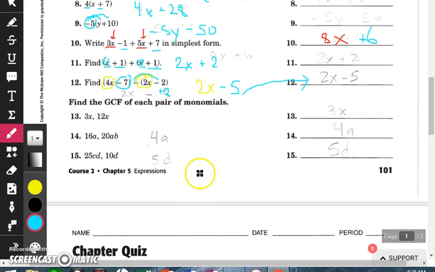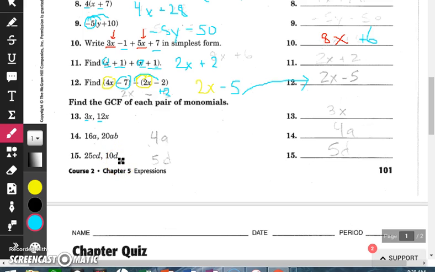Greatest common factor. When I think of greatest common factor, I think about a number that will go into larger numbers. I also think about multiples. If your multiplication facts are really dialed, you'll have no problem thinking about numbers that will go into both sets of monomials.